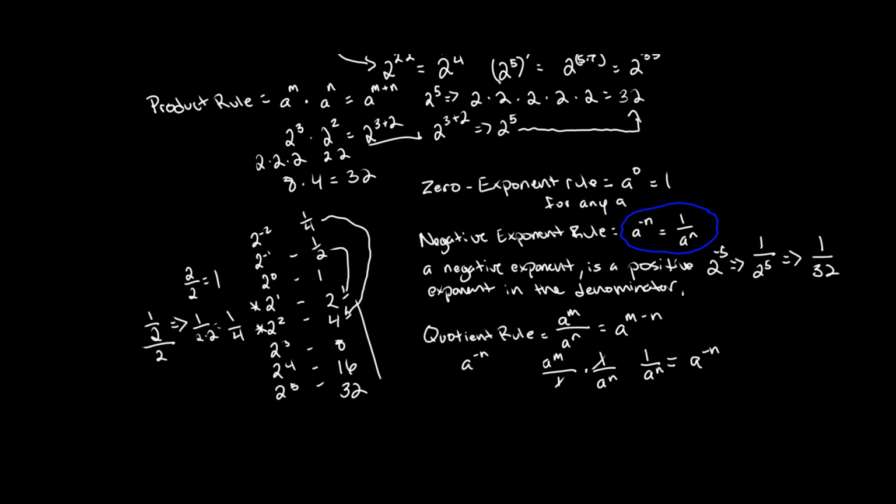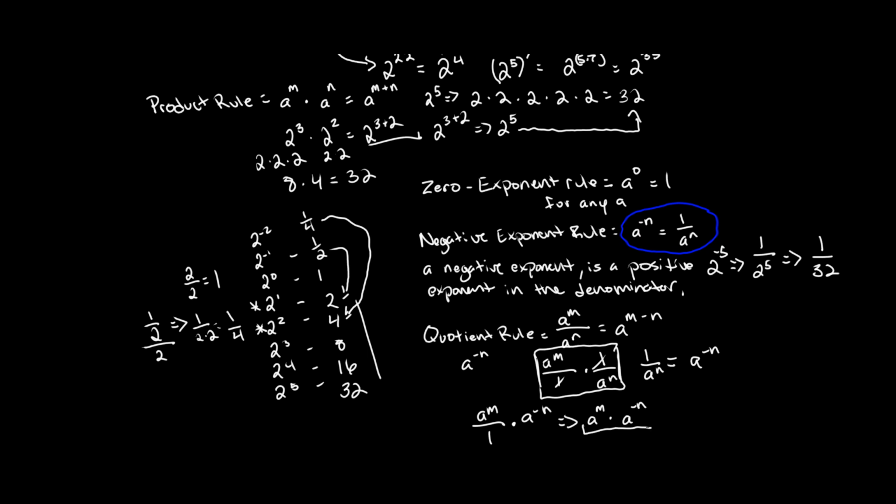So if we rewrite this, a to the m over 1, this time we say instead it's times a to the negative n. We can say that this is equivalent to a to the m times a to the negative n.